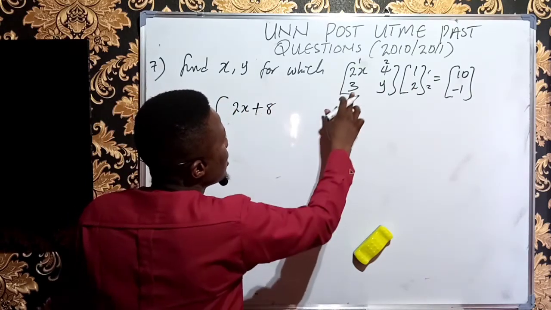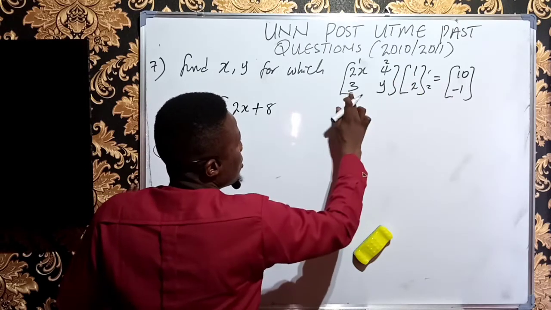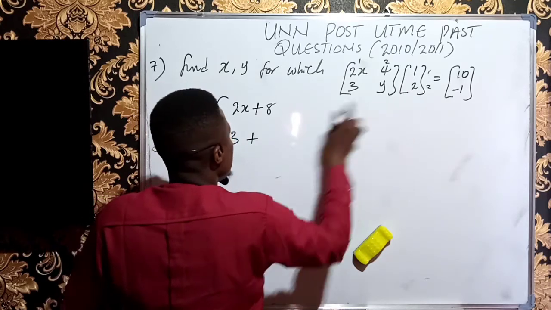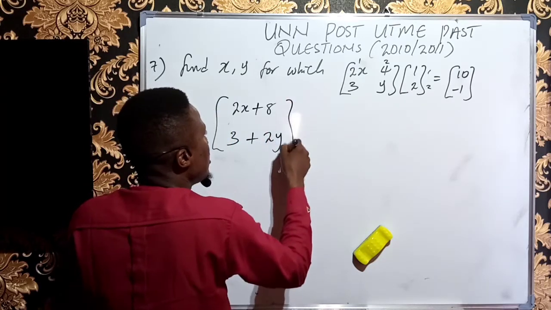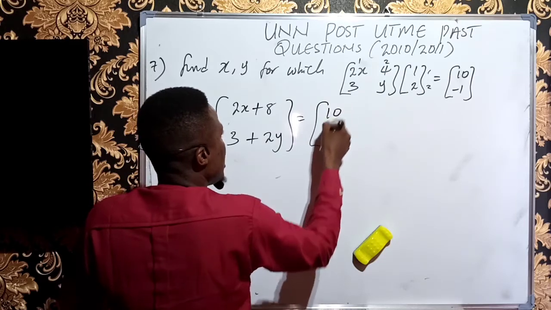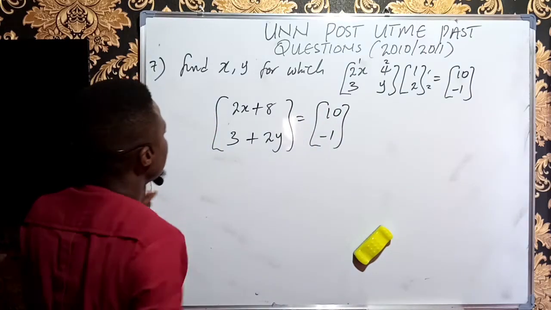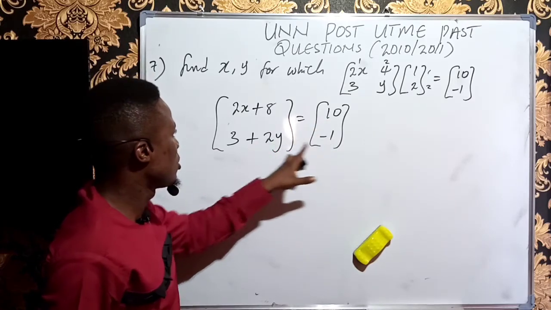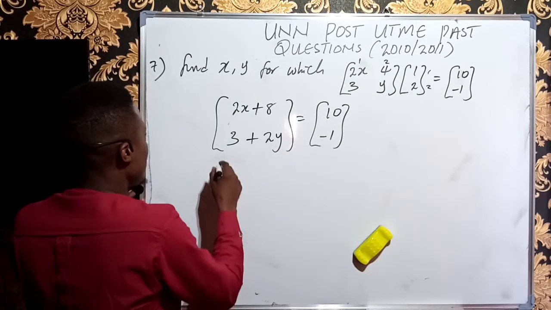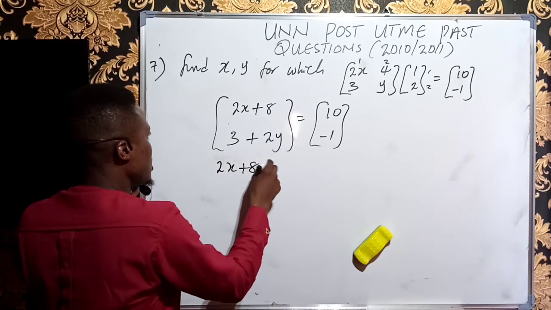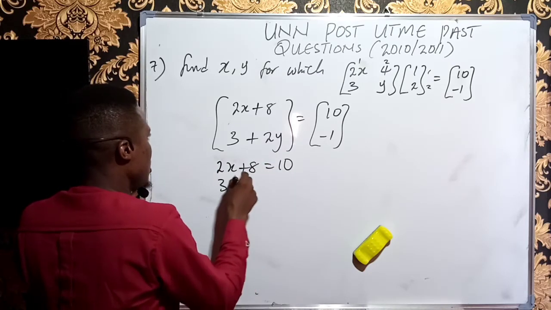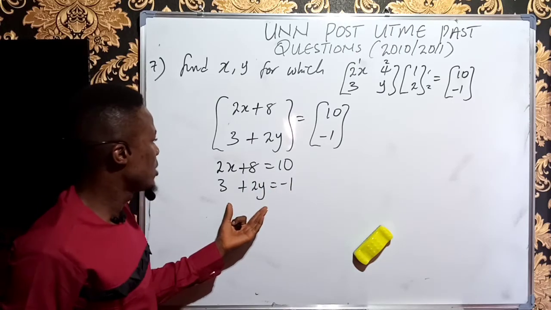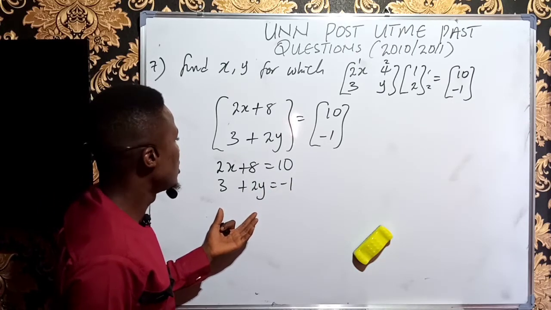First times first also, 3 times 1 will have 3 plus y times 2, we shall have 2y, equals 10 and minus 1. Now this is equal to this, that's the first equation, and this is equal to this, that's the second equation. So we can write that 2x plus 8 is equal to 10, and 3 plus 2y is equal to minus 1. We can now solve this pair of simultaneous equations.